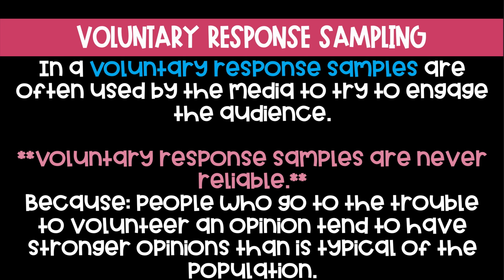Voluntary response samples are never reliable, because people who go to the trouble to volunteer and give their opinion tend to have stronger opinions, whether it's a good opinion or a bad opinion, than it would be for the other interviewees, I guess.